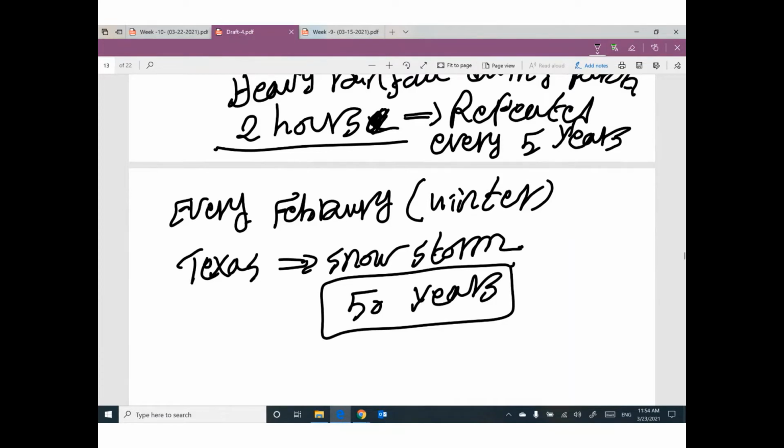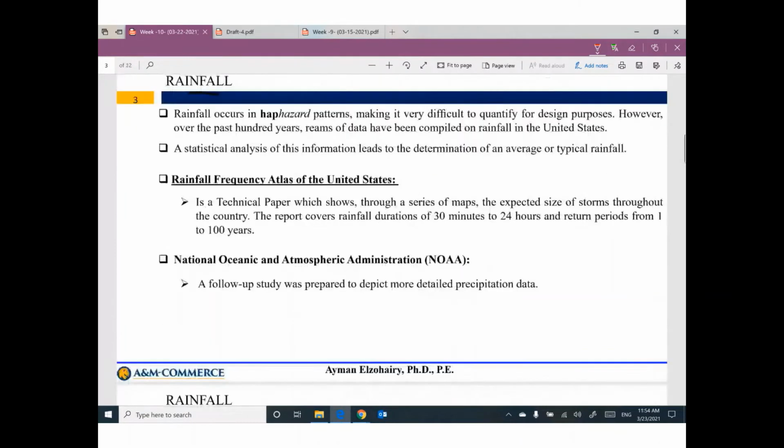So we can expect after 50 years the same snowstorm will hit Texas one more time. So our data is based on statistical analysis, based on data collected over hundreds of years. This data will be used to quantify how much rainfall we are expecting.